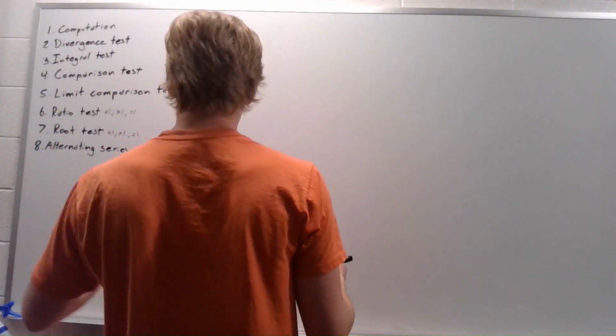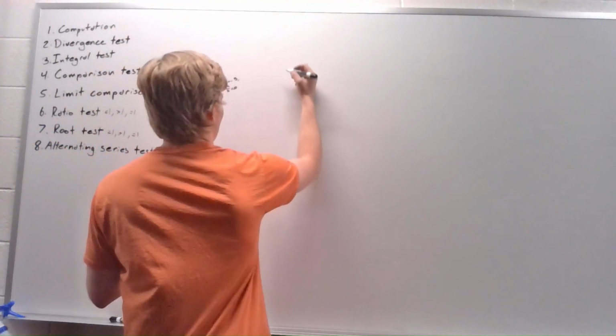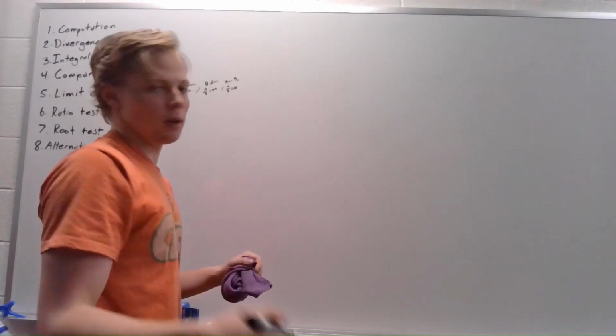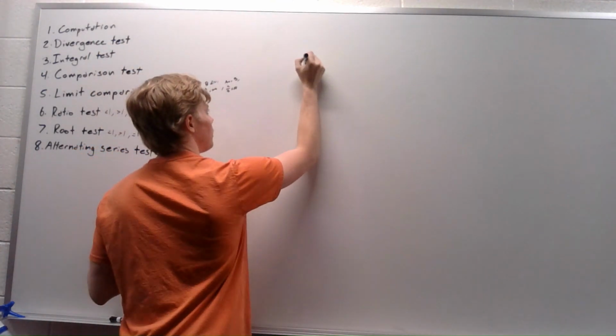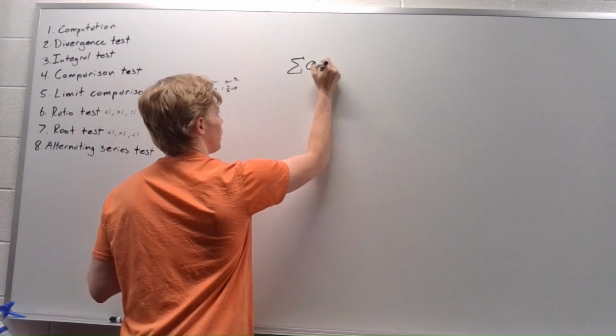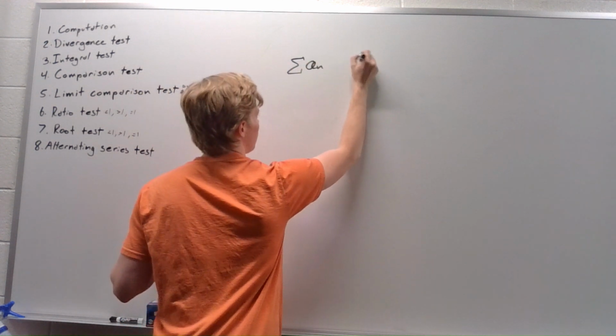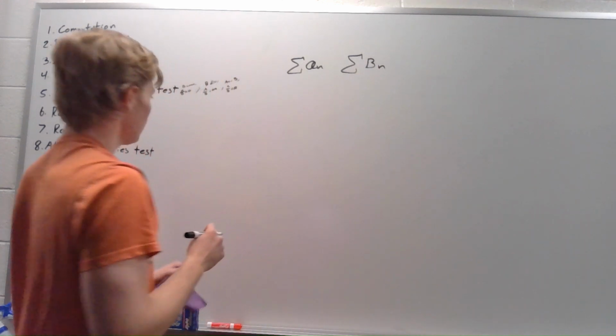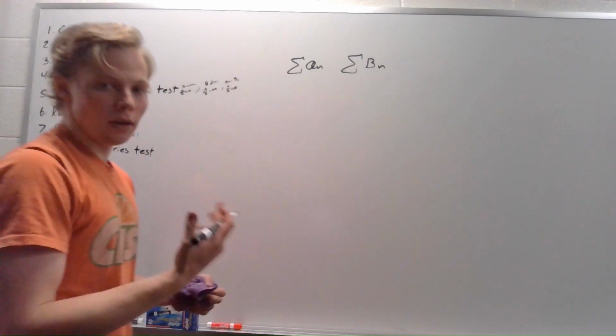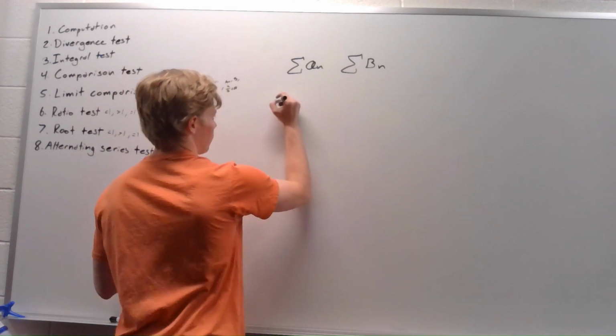And so there's 3 cases in the limit comparison test. I'll go through them one at a time. So if you have 2 infinite sums, a sub n and b sub n, let's assume that you know b sub n converges.